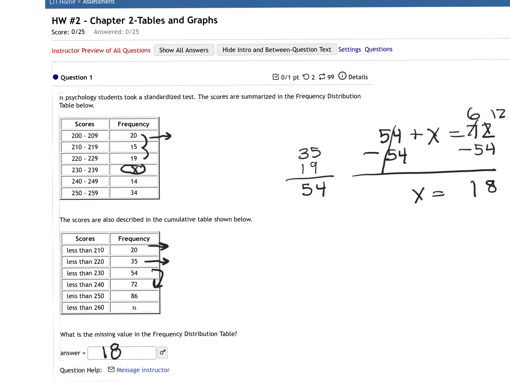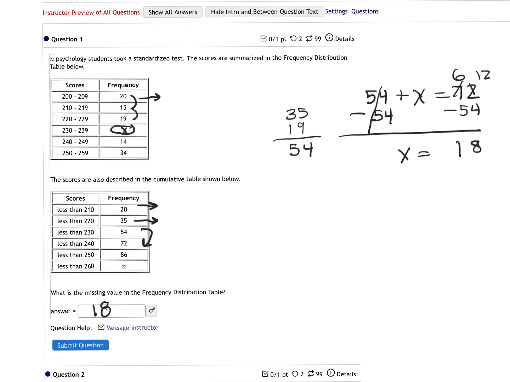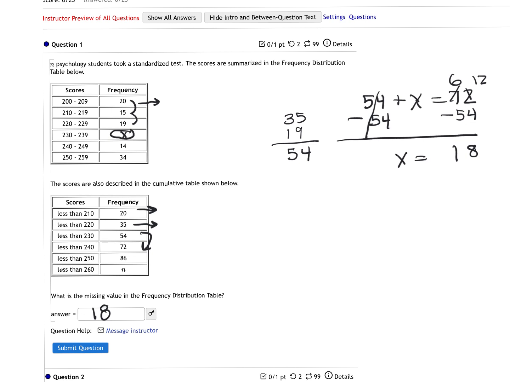Okay? I just want to do a quick note again to tell you what this is. The frequency distribution is just a count table. It says 20 people got between 200 and 209, 15 people between 210 and 219, 19 people between 220 and 239, and so on.